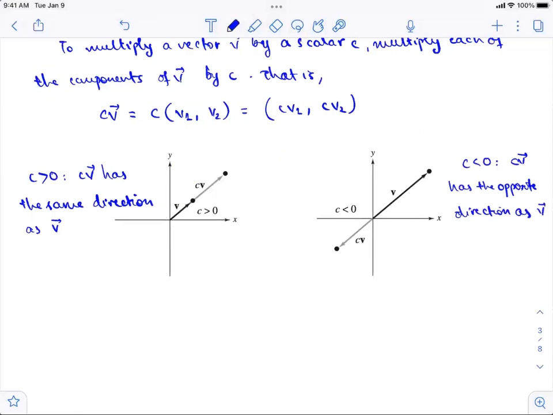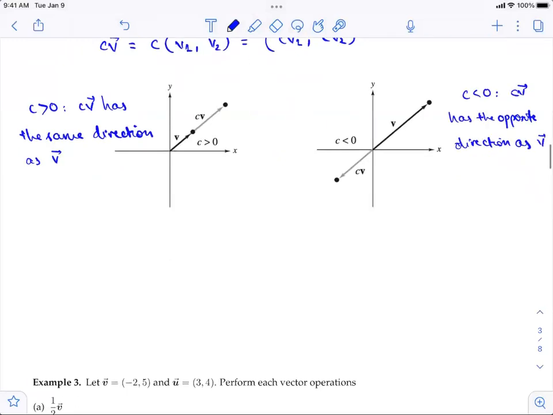So, which is a very important concept, right? So be careful when you have a constant multiple. Sometimes c can be positive, sometimes c can be negative. If c is equal to 0, you scale the original vector back to the origin.